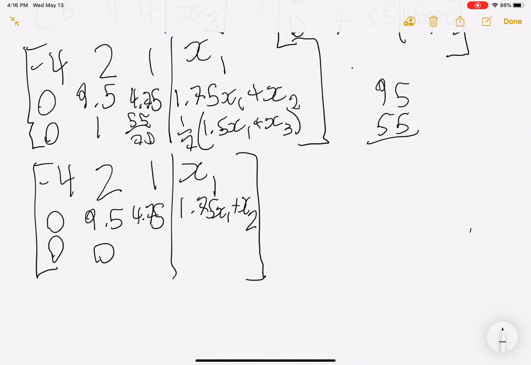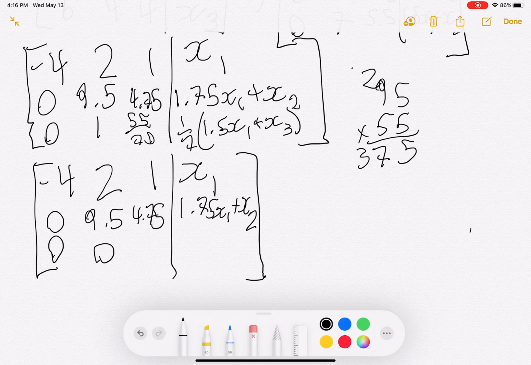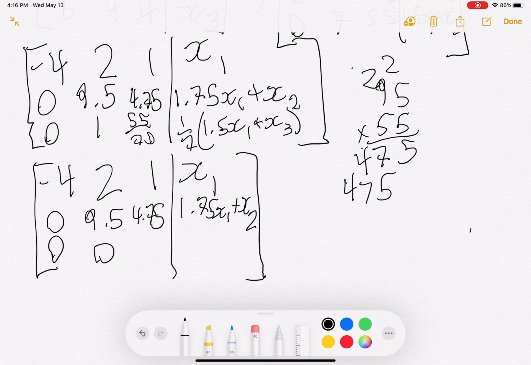Okay. So 55 times... just going to do some arithmetic. 37. Oops, that's wrong. It's 47. 47.